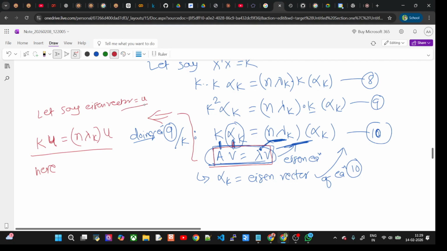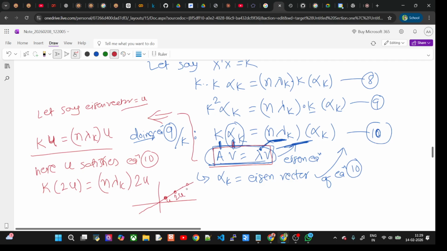This eigenvector u satisfies equation 10. Then you ask, can I take 2u, because it's just scaling, n into lambda k into 2u. You are anyway having one line, this u eigenvector, and you ask, sir, can I take 2u, 3u, maybe 5u, can I take all the u's? Because these also satisfy equation number 10, because these are linear equations.